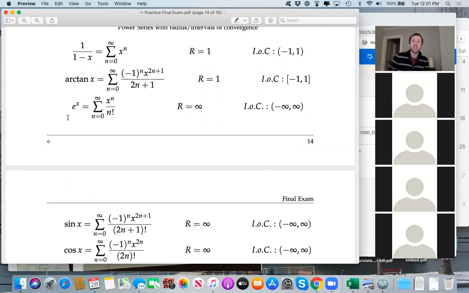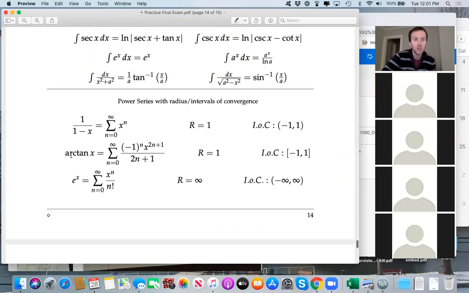So today, in one of the examples, we're going to be doing something with arctangent of x. And in class yesterday, we worked through where this series representation actually comes from, and we checked that it has a radius of 1 and it converges at the endpoints too. So in any problem going forward, if at some point it would be helpful to know a series for arctangent, we can just go ahead and use it.